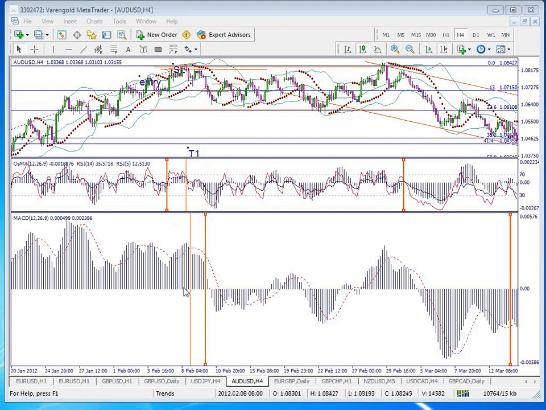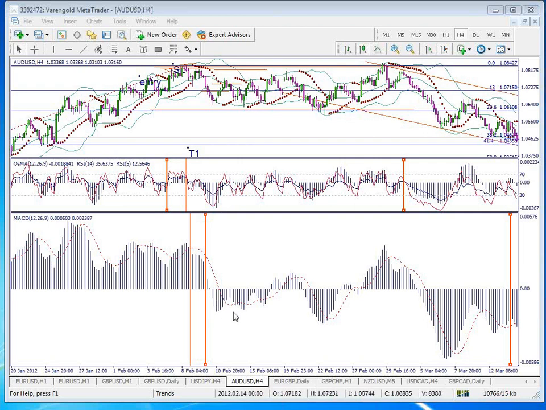And yes, for the buy signal we have the same. I have here the red line. It's okay.